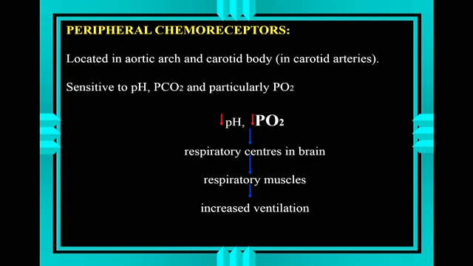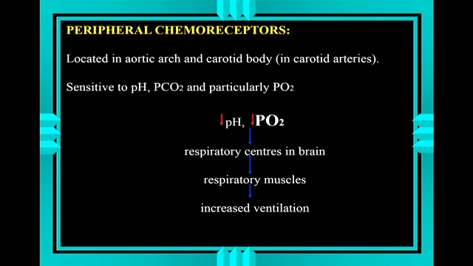Okay, these chemoreceptors found here are sensitive to pH a little bit. Sensitive to partial pressure of carbon dioxide a little bit. And we'll see why in a minute. But really sensitive to partial pressures of oxygen. By really sensitive, sorry, comparatively more sensitive to PO2.